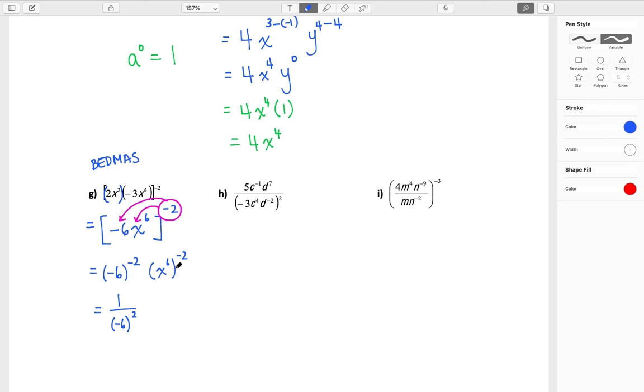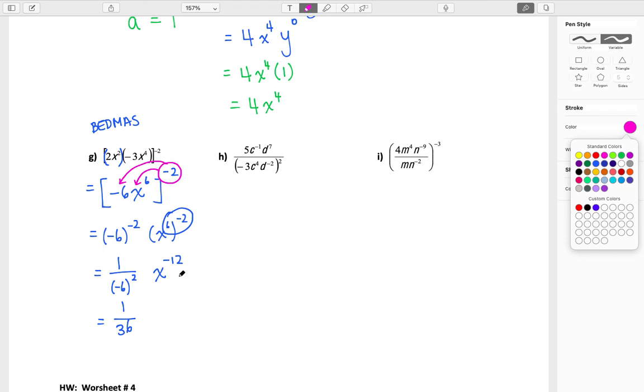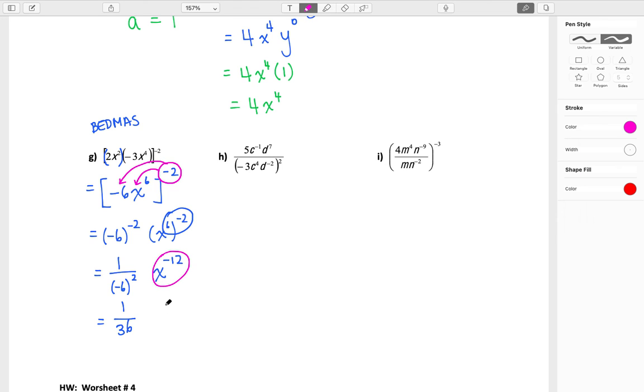For the x, I'm not going to flip it right now, I'm just going to multiply these two: 6 times negative 2, so x to the negative 12. Negative 6 times negative 6 is positive 36. Then for the x, I'm going to flip it because I don't like negative exponents, so it becomes 1 over x to the power of 12.